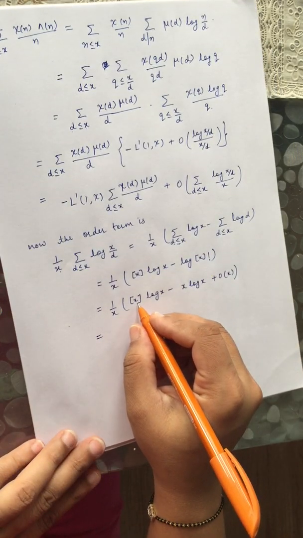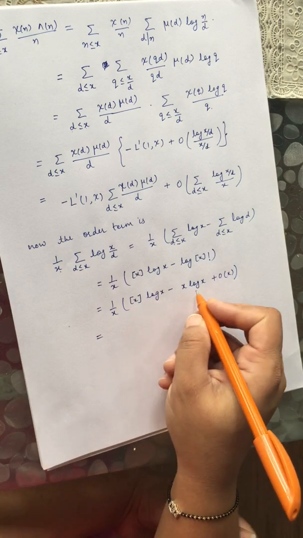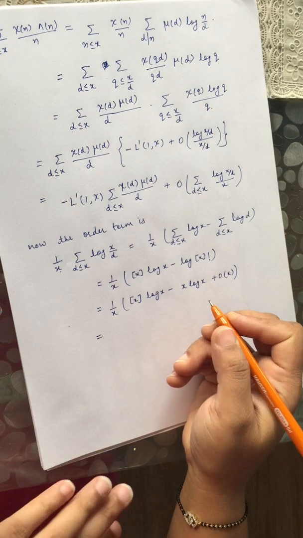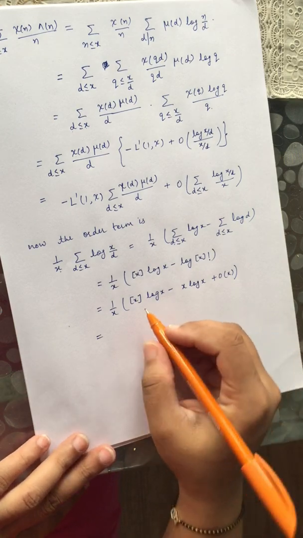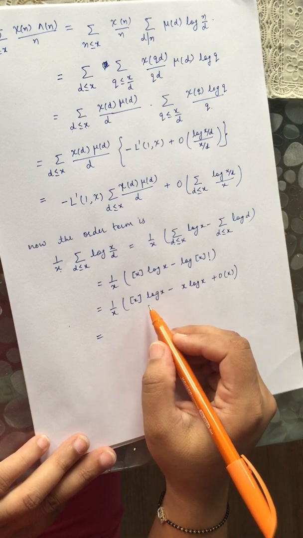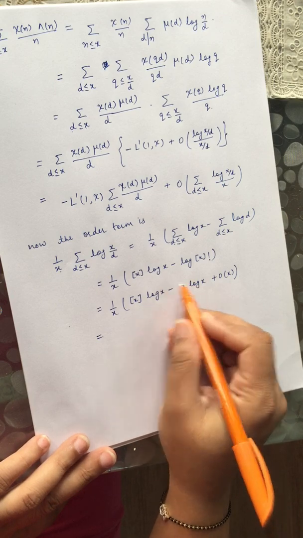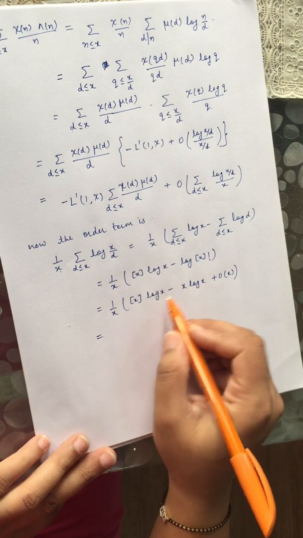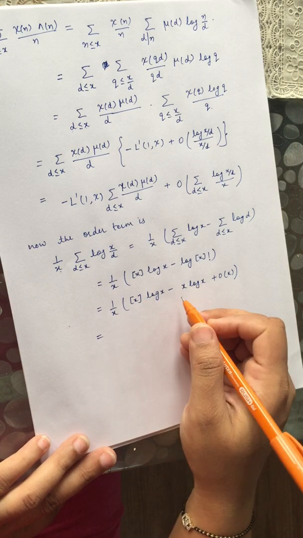Now [x] log x minus x log x is a term which is less than or equal to log x, because [x] minus x has mod less than or equal to 1. So the mod of this term is less than or equal to log x.